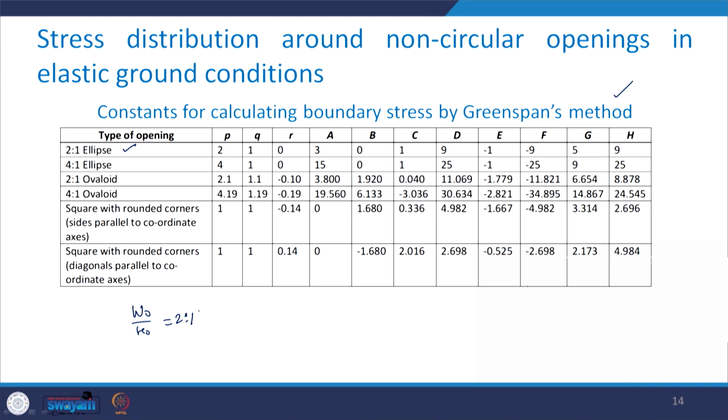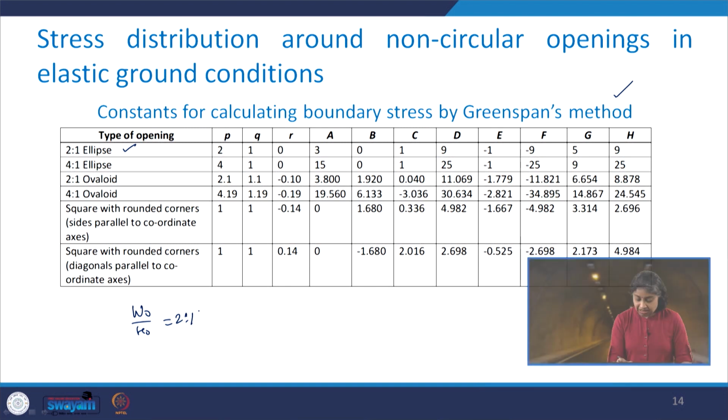In that case P is 2, Q is 1, R equal to 0 and the constants A to H are given in respective columns. For example, for the first case, that is 2:1 ellipse, A is 3, B is 0, C is 1, D is 9, E is -1, F is -9, G is 5 and H is 9.